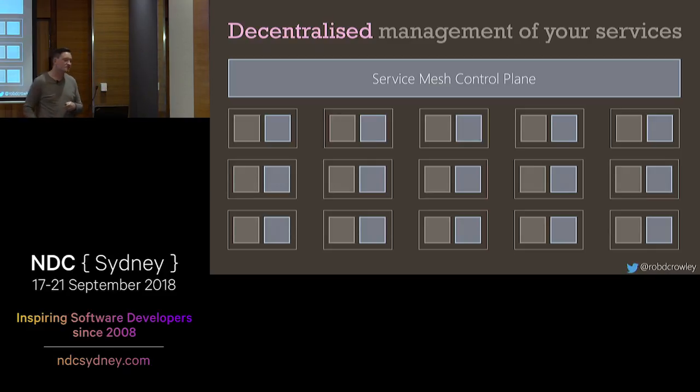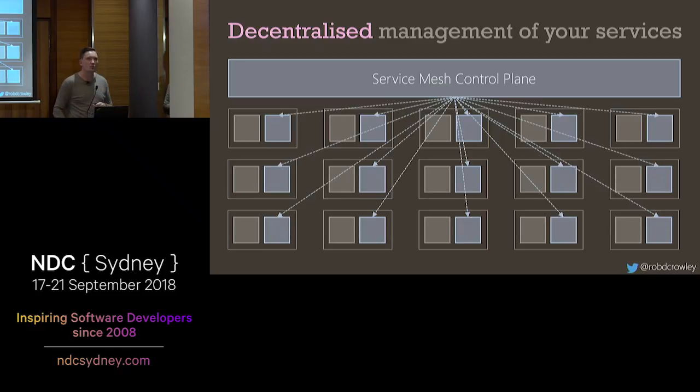What it allows us to do is, instead of separate proxies that are completely isolated, send instructions to the service mesh control plane, and it will then push that policy out to all of those sidecar proxies.